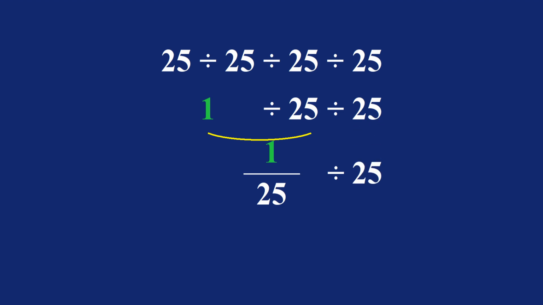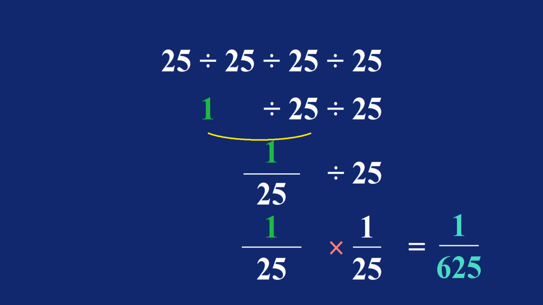So we must keep the first fraction 1 over 25 and change division to multiplication, then flip the second fraction: 1 over 25 times 1 over 25 equals 1 over 625, and this is our final answer for this problem.